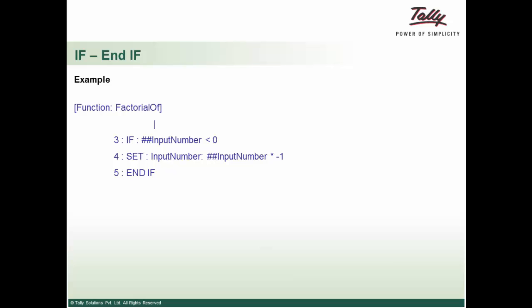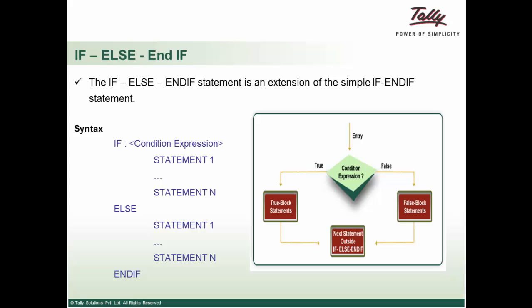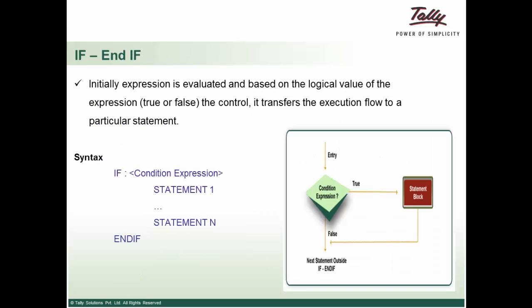Now let us look into the next option. If else and end if. How is this statement different from the previous one? In the previous one, if the conditions are true, we have a set of statements to follow.